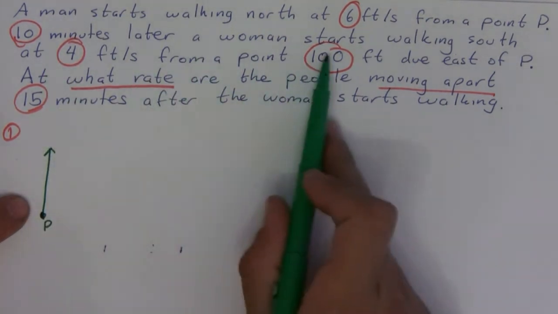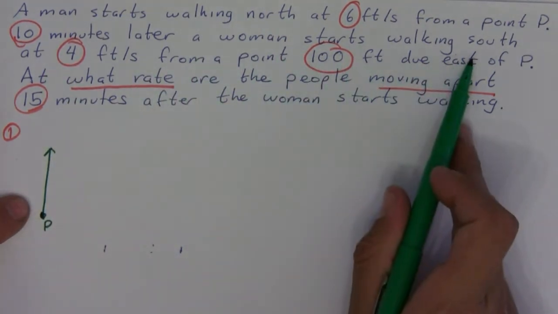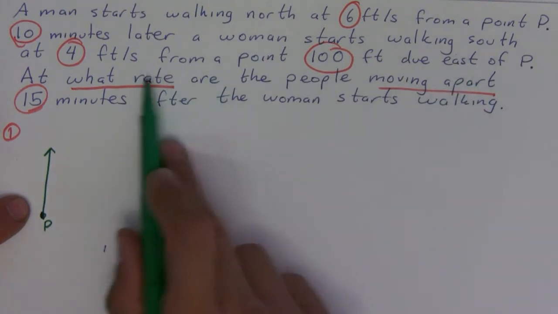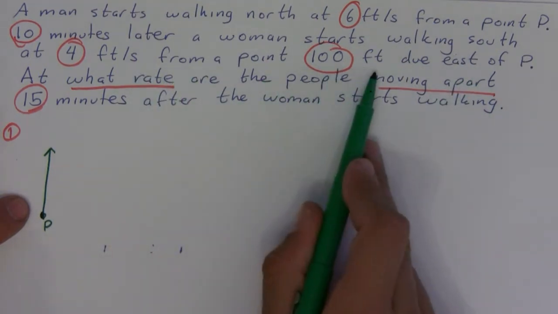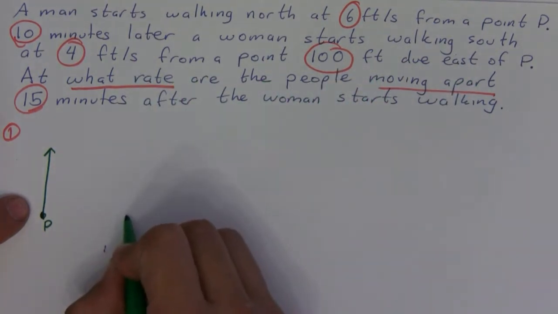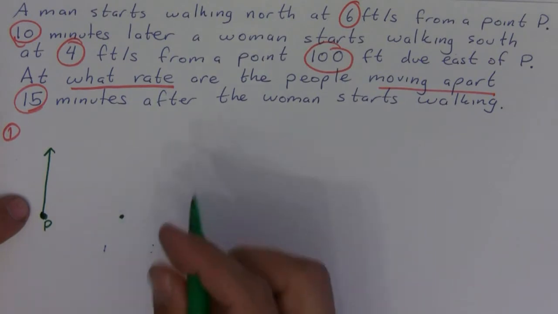And 10 minutes later, a woman starts walking south at 4 feet per second from a point 100 feet east of P. So if P is right here, 100 feet east of P, well, let's just say that that's right here.